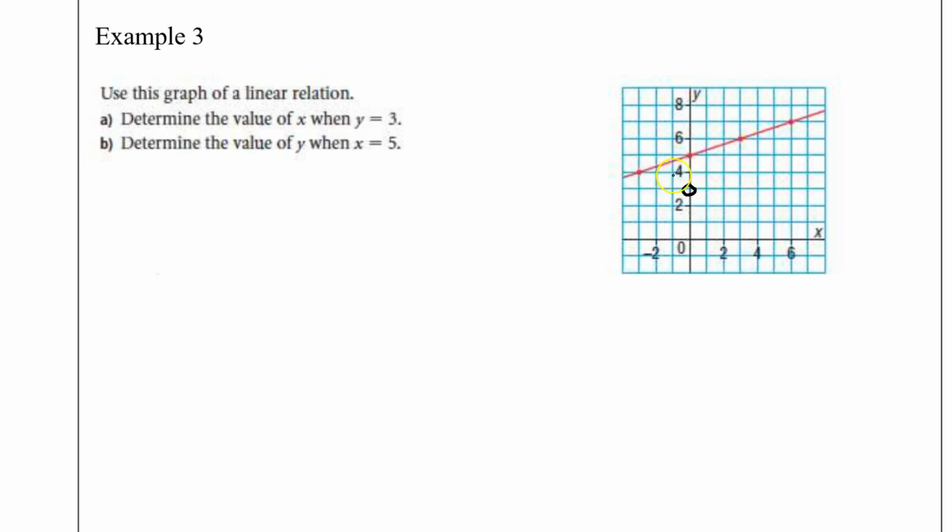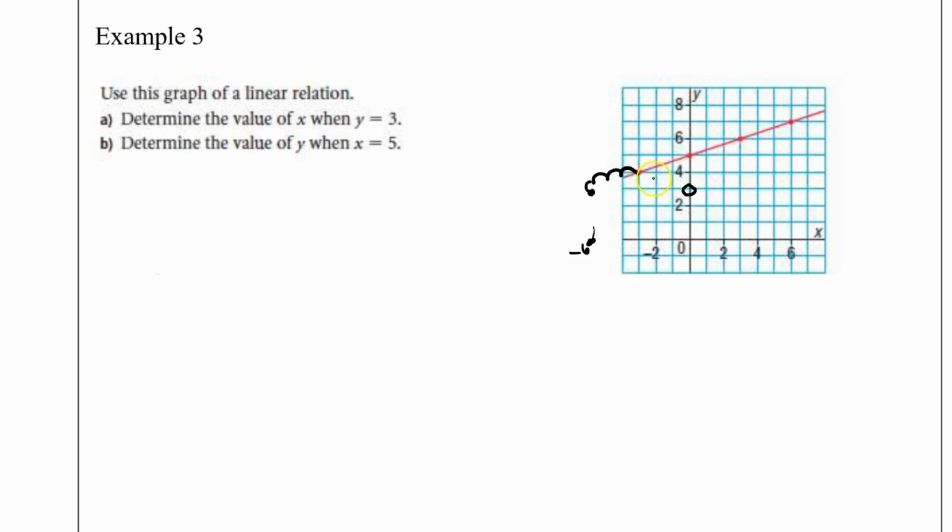So I'm right here at 4. If I would go left 3, so 1, 2, 3, this is -3, this is -4, and this one will be -5, and this one will be -6, because I'm using what I know, which is 3 to the left for every 1 down.